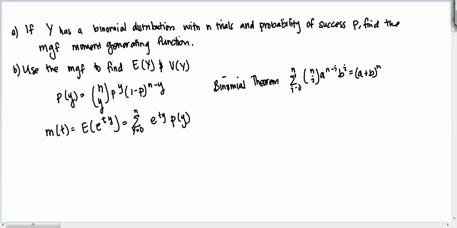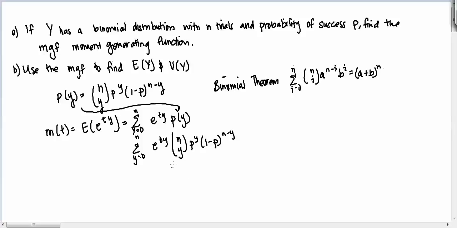Now we can plug in our binomial distribution that we looked up for that specific p of y. So that goes y equals 0 to n of e to the ty, and then I'll have n choose y, p to the y, 1 minus p to the n minus y. I think that's right. Okay, I'm going to clump these together because this is to the y power and to the y power.